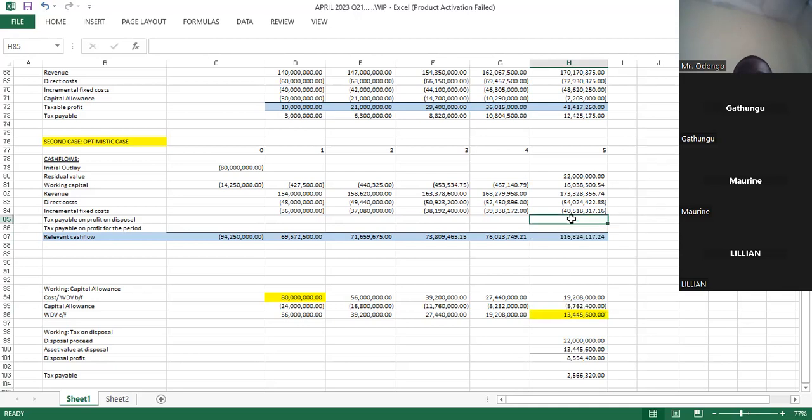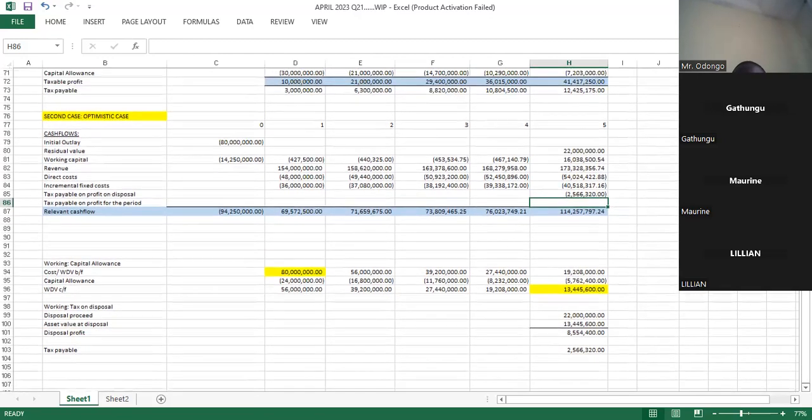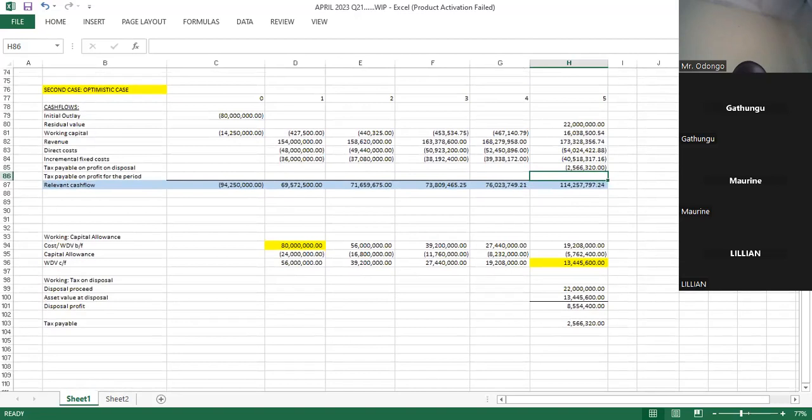Remember, at end of year 5, I'll say that equal to tax payable on profit on disposal, so equal to negative this 2.5 million shillings. So that's it for the taxation on the profit made upon disposing the asset.